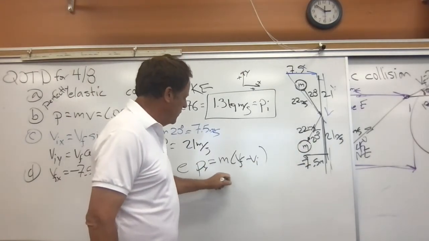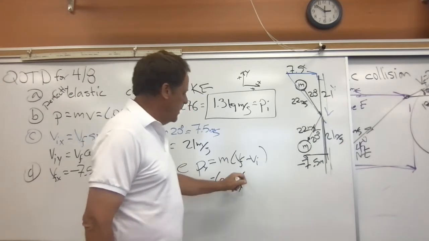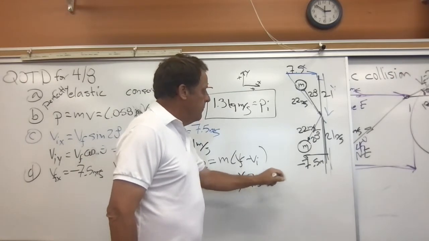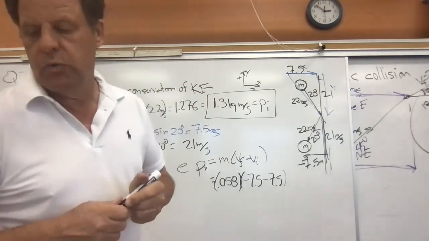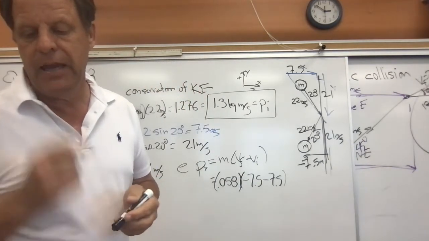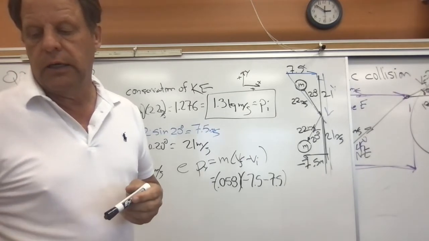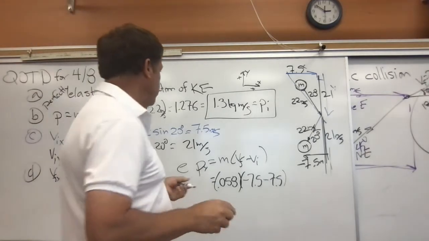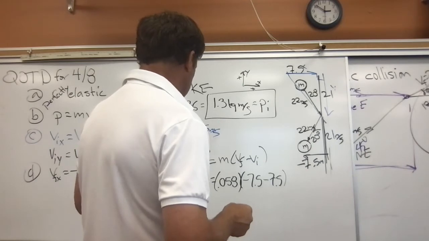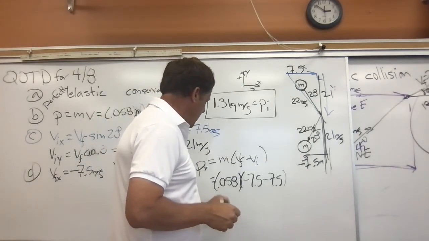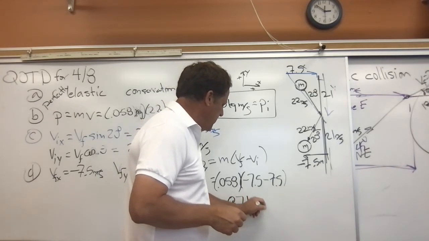So we're going to have 0.058 kilograms, and this is going to be negative 7.5 minus a positive 7.5, which is going to give us a change in momentum of negative 0.87 kilogram meters per second.